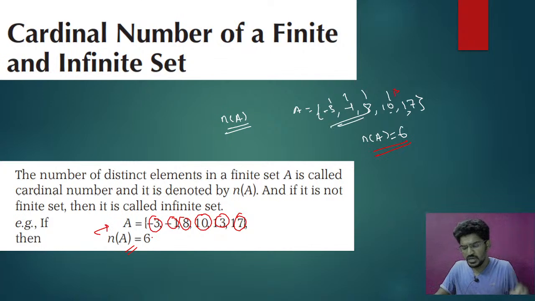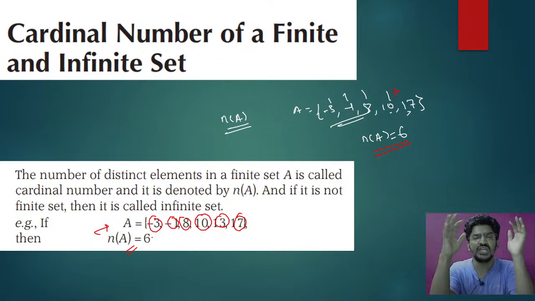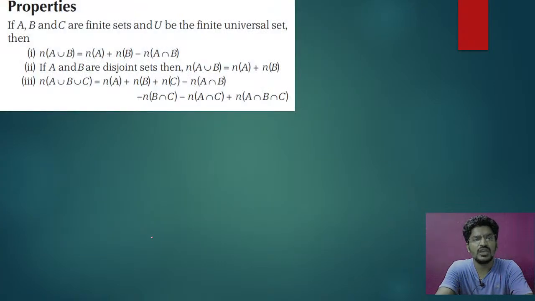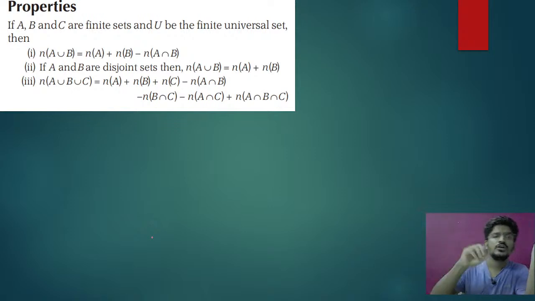And please remember, cardinality means the distinct elements present in the finite set. Distinct elements present in the finite set is called the cardinality of a finite set. If it is infinite, it is called an infinite set. Clear? Okay. My dear students, I don't know how you do this, but you have to do this.